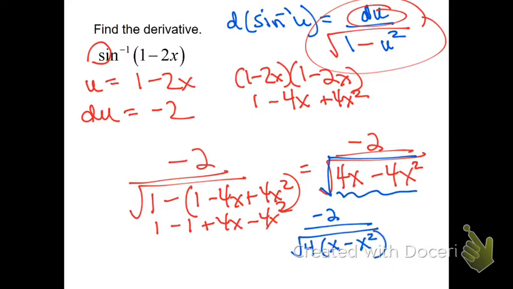And the only reason I'm doing that is because I can then, since it's multiplication, take the square root of 4, which is 2. And now these 2's can be canceled. So your final answer ends up looking like a negative 1 over the square root of x minus x squared.